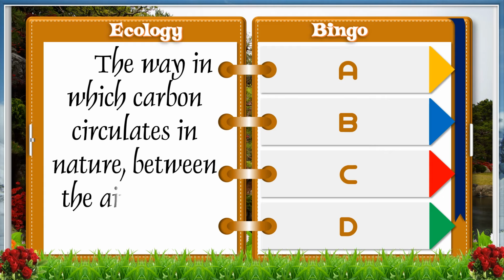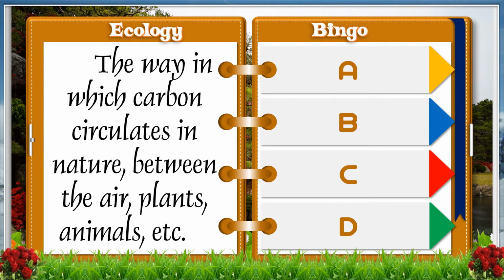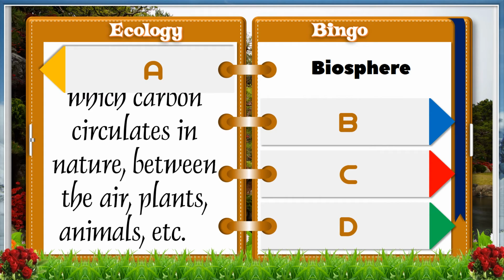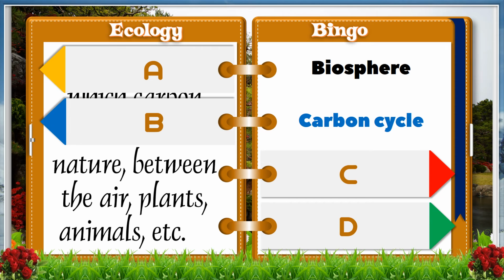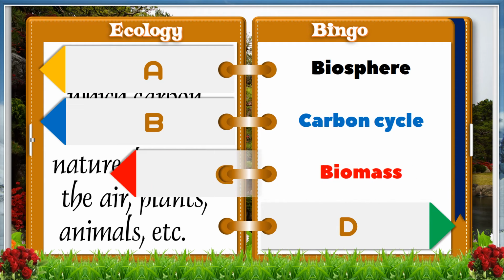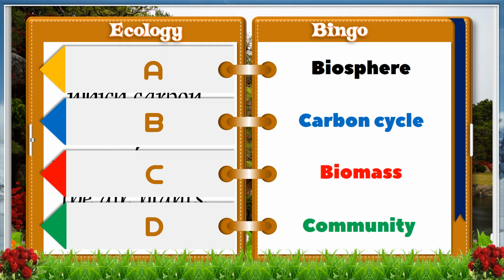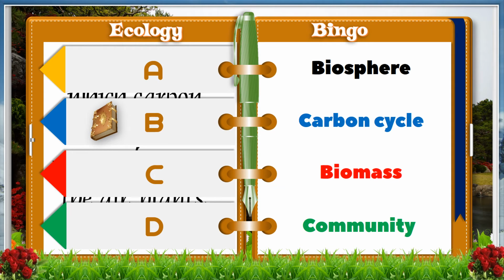The way in which carbon circulates in nature between the air, plants, animals, etc. A. Biosphere. B. Carbon cycle. C. Biomass. D. Community. The answer is B. Carbon cycle.